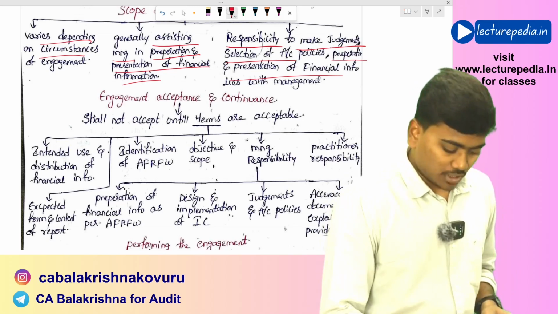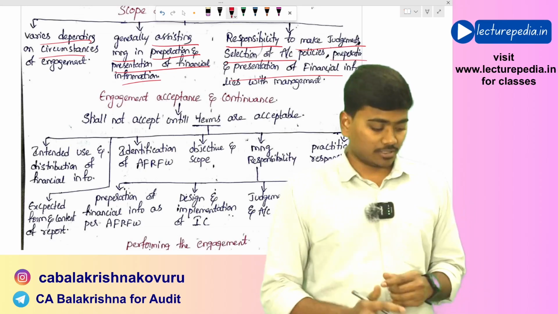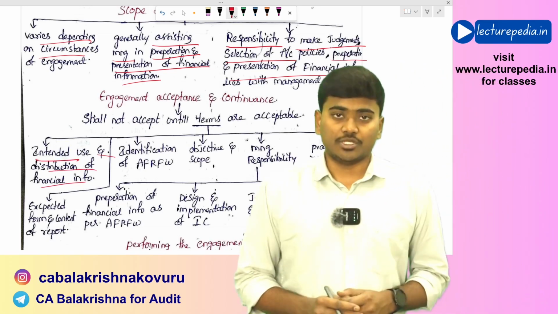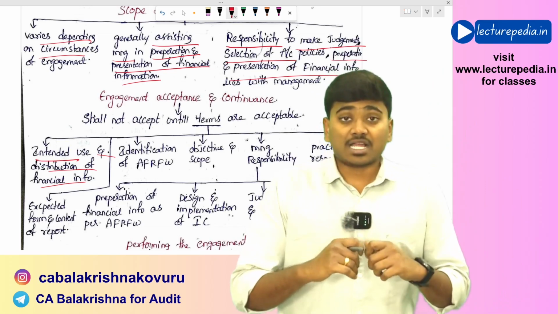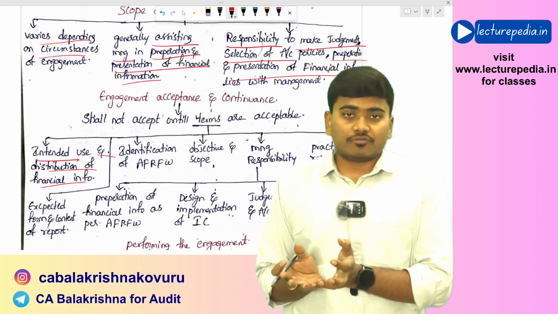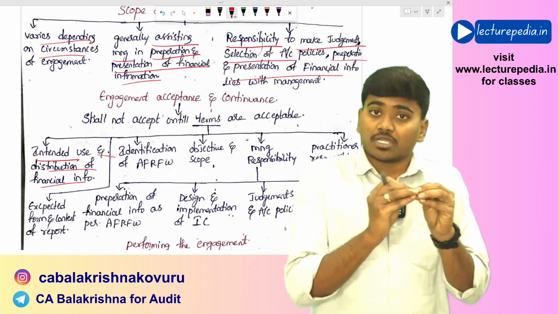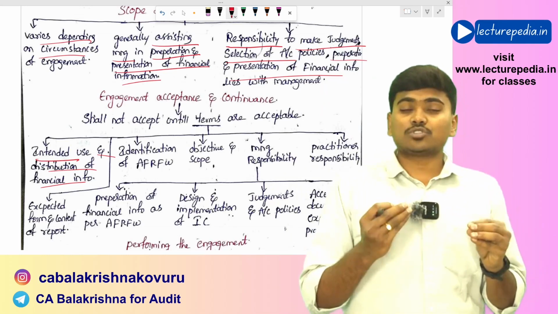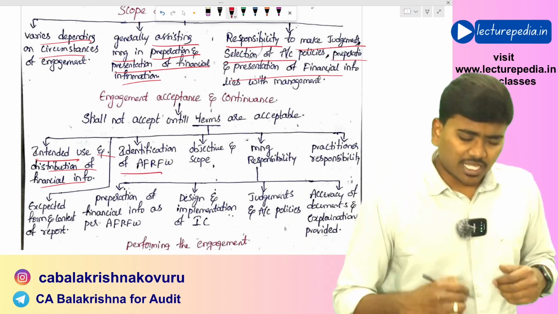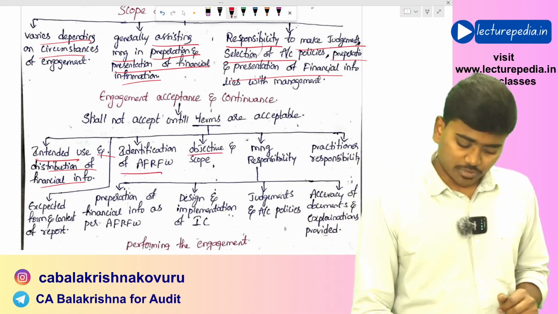First of all, the intended use and distribution of the compiled financial information, and the applicable financial reporting framework as per which this financial information has to be compiled. And the objective and scope of this engagement.